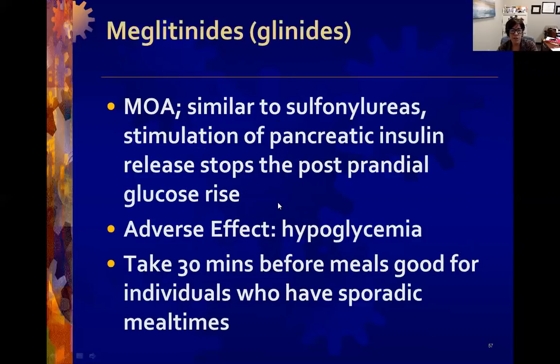Their mechanism of action, similar to sulfonylurea, stimulates the pancreatic insulin release, and stops the rise of glucose. So these work really well. You take them before a meal, and they work well for people that have sporadic meal times, like people that travel.